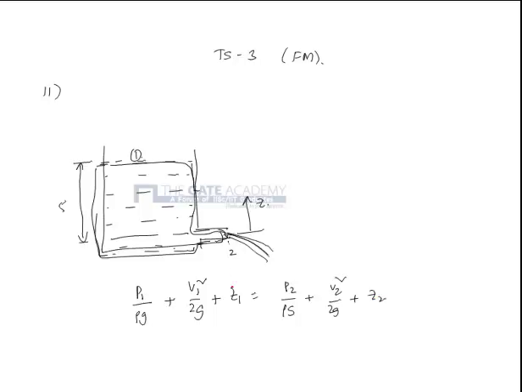Z1 is the height at 1, Z2 is the height at 2. Now P1 is atmosphere here, and here also you have atmosphere. So P1 is equal to P2 is equal to P atmosphere, so this term will cancel.